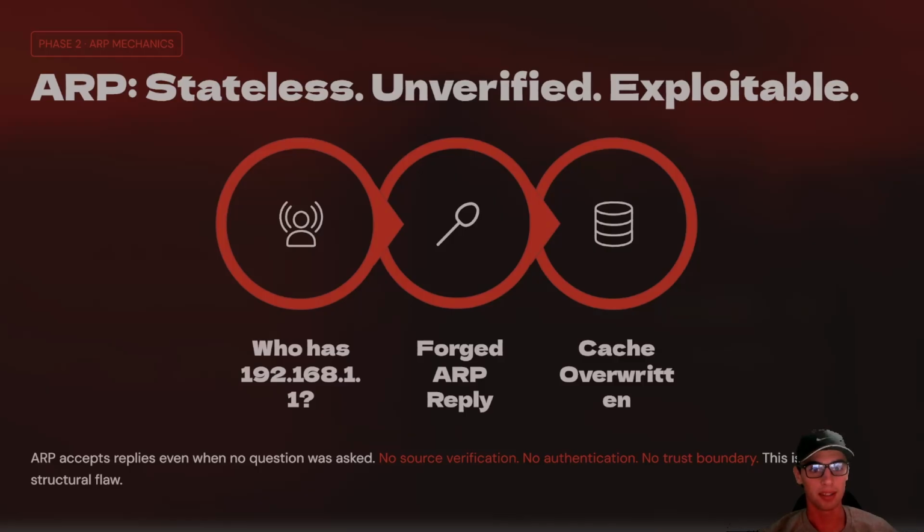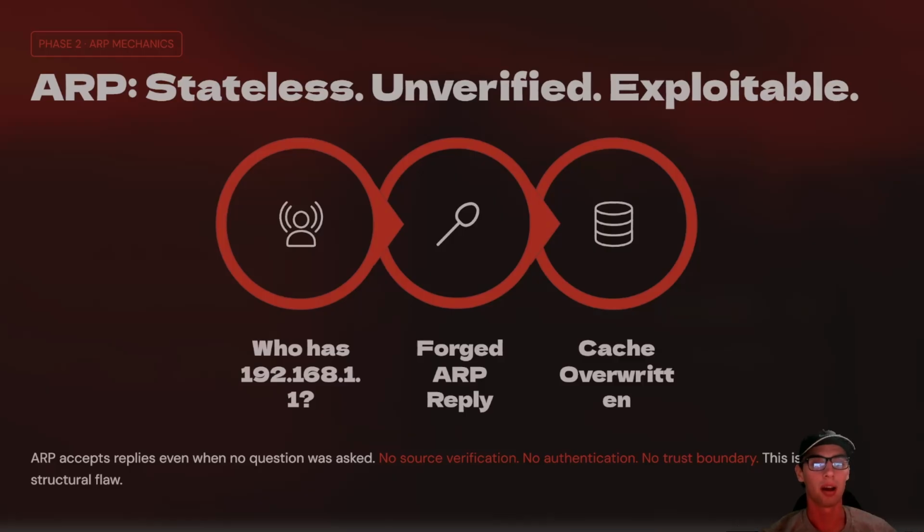And even worse than that, it accepts ARP replies even if they were never asked for in the first place. So it has a lack of verification and it shouts out to anyone and just expects the right person to reply. And this lack of verification is the structural flaw that we'll try and exploit today.